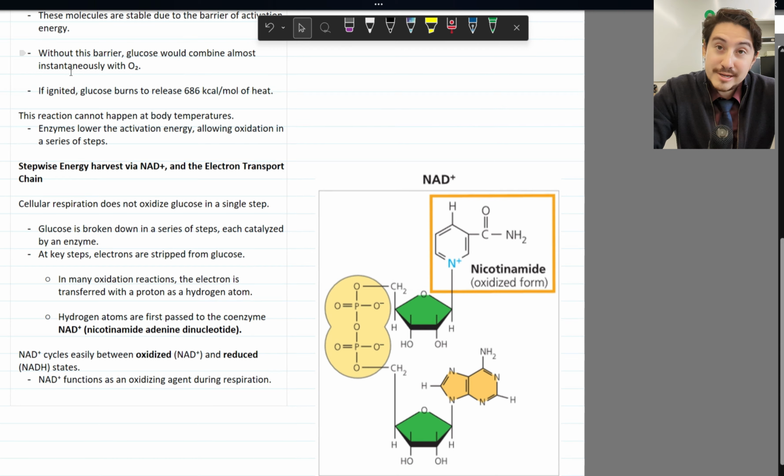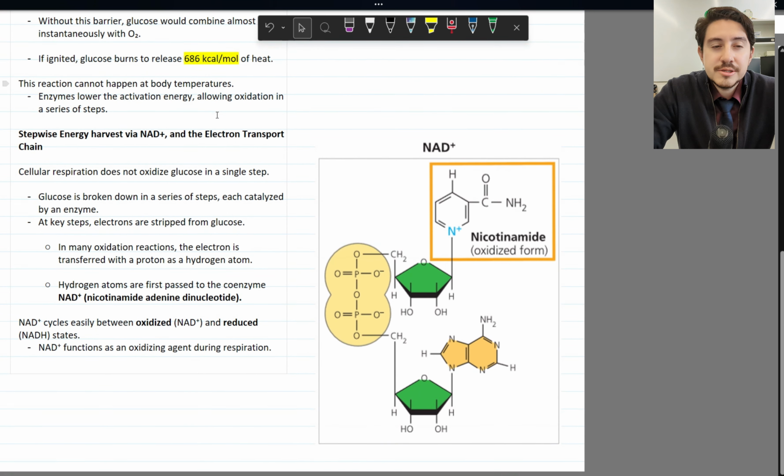Or else everything will catch on fire. Okay, but if you have an initial source of energy, if ignited, right, glucose can burn to release 686 kilocalories per mole of heat.